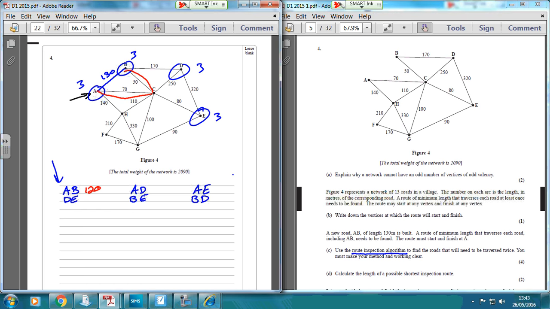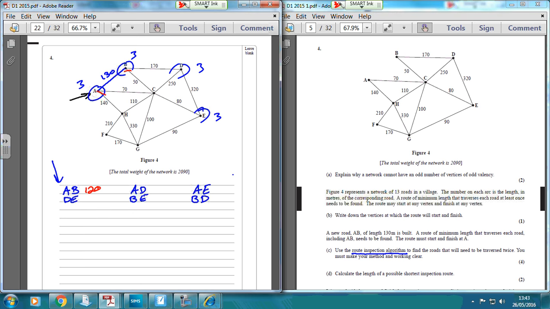Now what's the shortest way to get from D to E? I could either do 320, or I could do 250 plus 80, which is going to be 330, or I could do 90 plus 100 plus 150. Oh no, tell a lie.